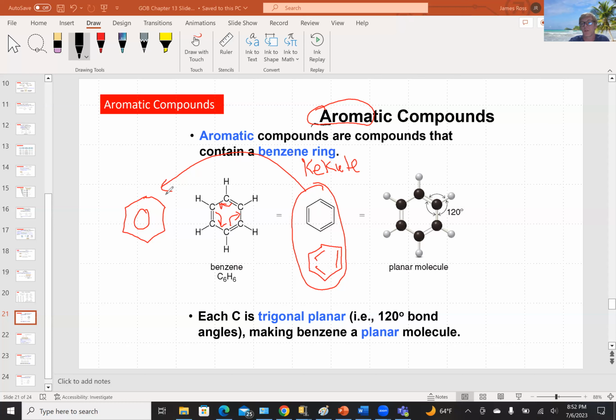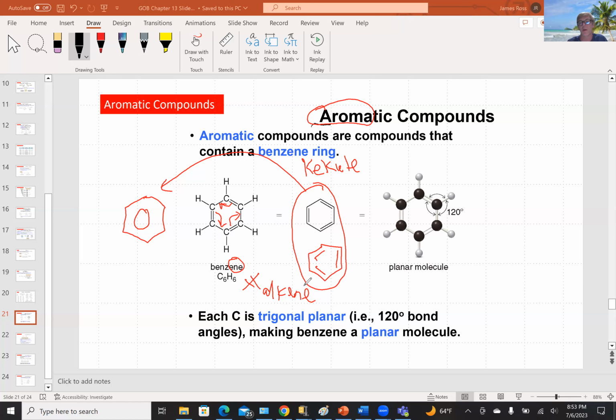This is completely two-dimensional. It's completely flat. All the carbons are in the same plane. All the hydrogens are in the same plane. Importantly, a benzene ring is not an alkene. Even though it has the suffix -ene, benzene is not an alkene. It doesn't have the same chemistry as an alkene.